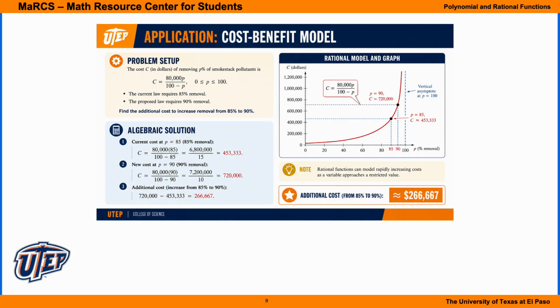So in order to find the additional cost, we just compute the difference. So 720,000 minus 453,333 will give us an approximate cost of $266,667. So to the right is the graph of the model, and we see that rational functions can model rapidly increasing costs as a variable approaches a restricted value.